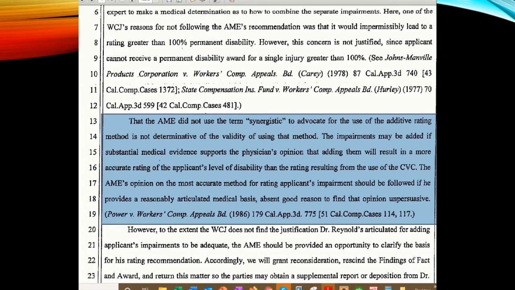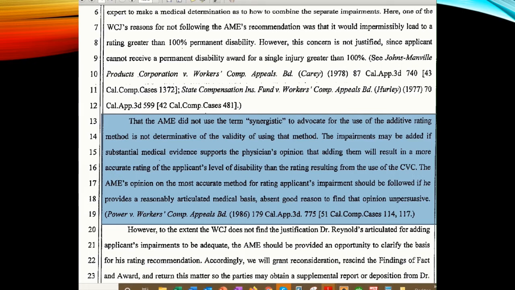The impairments may be added if substantial medical evidence supports the physician's opinion that adding them will result in a more accurate rating. Again, it's all about the accuracy of the rating of the applicant's level of disability than the rating resulted from the use of the combined values chart.